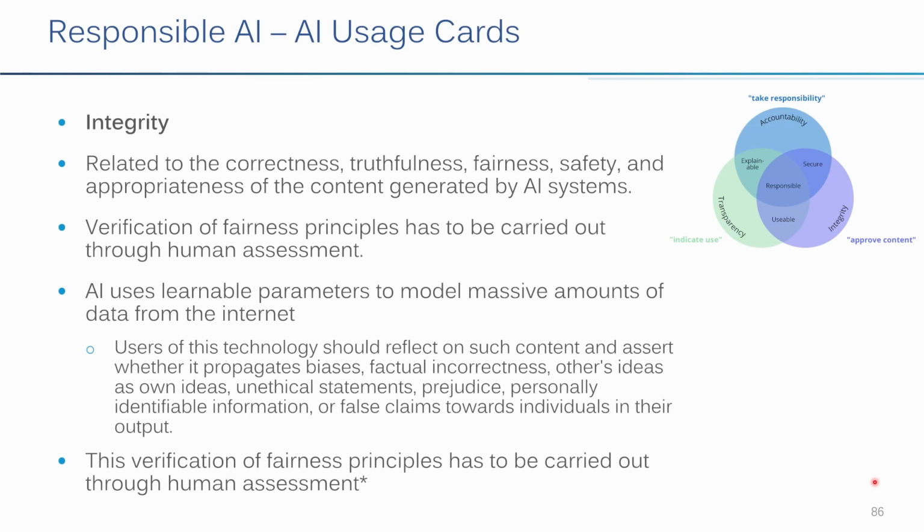While it's pretty hard for us to make the model not choose specific stereotypes and unethical outputs, other than by cutting those outputs, we, as a middleman or a human in the loop, are able to do this fairly simply. And of course, this verification of fairness principles has to be carried out.